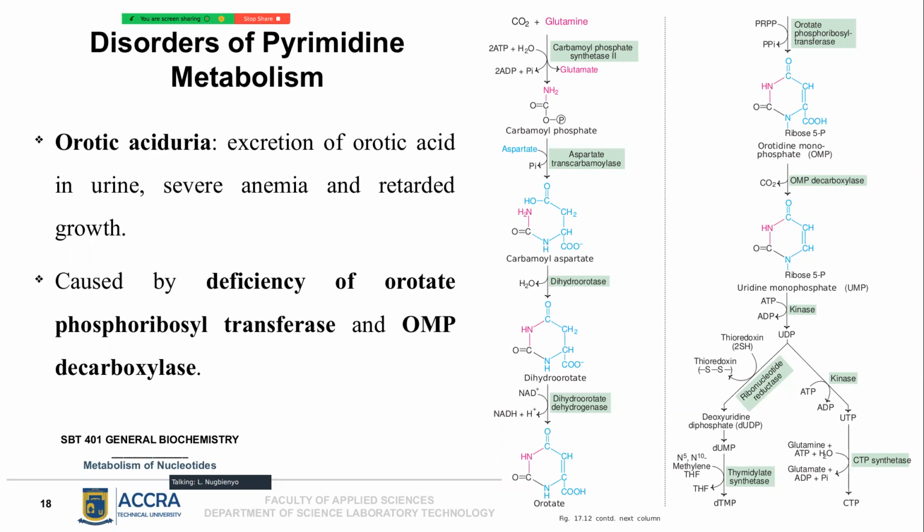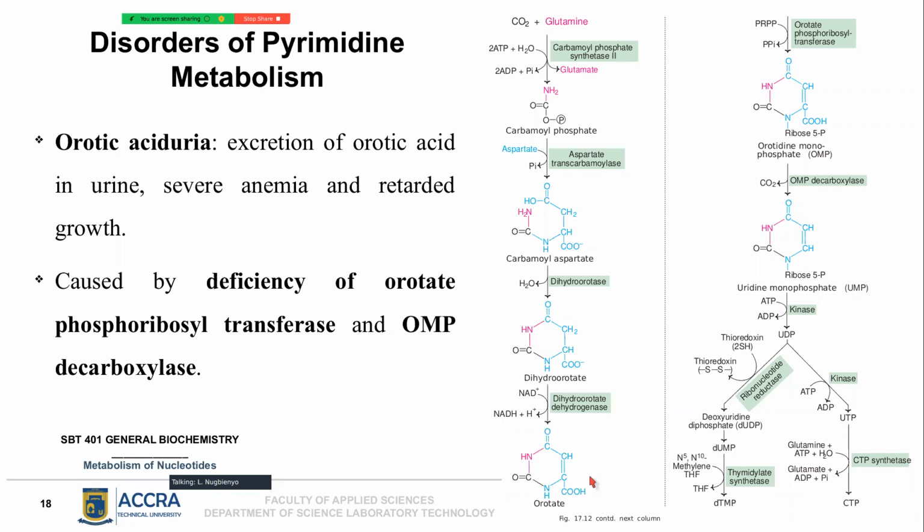Now, in the case of the breakdown of pyrimidines, you saw in that reaction path the intermediate compound orotate, and I said this is also referred to as orotic acid. Now, the elevation of the concentration of this compound, orotic acid.